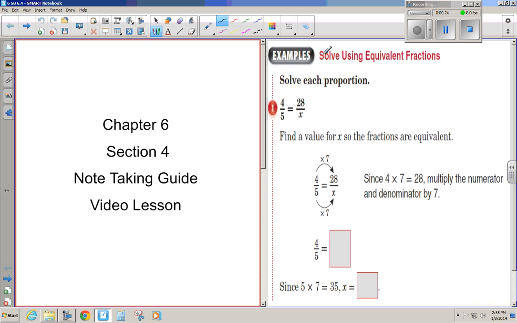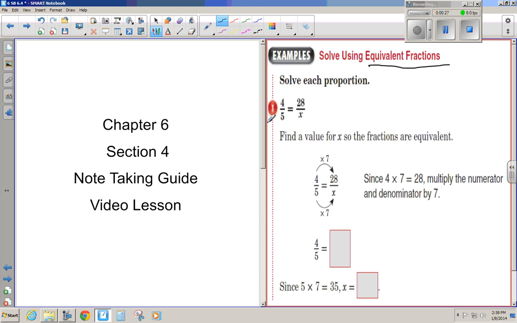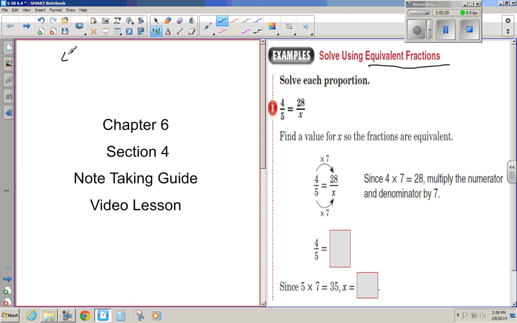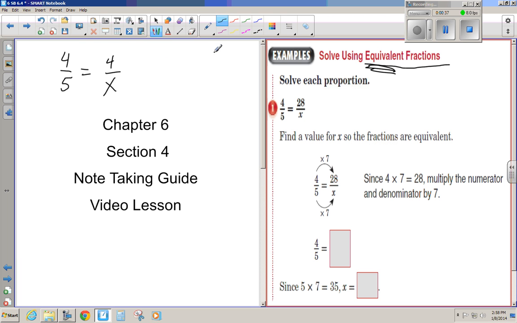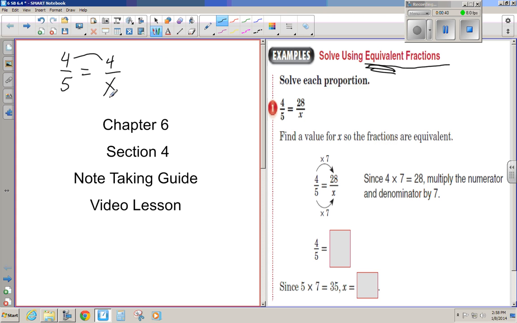So first of all, you can use equivalent fractions. What this means is if you have 4 over 5 equals 4 over x, these are equivalent. So if 4 and 4 are the same, then this x must be 5.